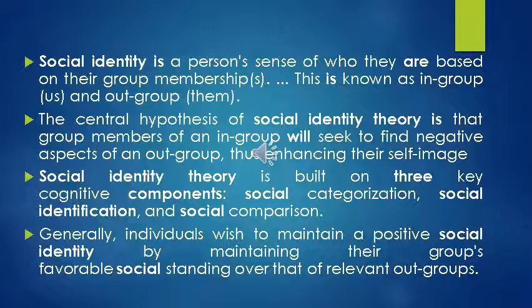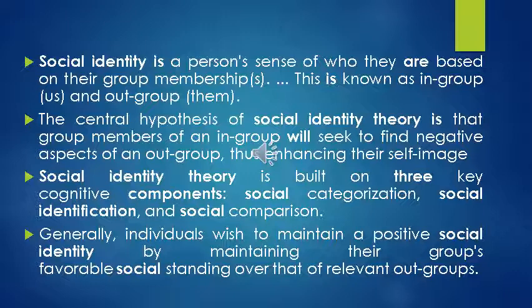That means that we differentiate between two groups. The group that we belong to is the in-group. I belong to my family, so this is the in-group. My friend belongs to another family, so this is the out-group. So for the in-group we say us, and the other group we call them.